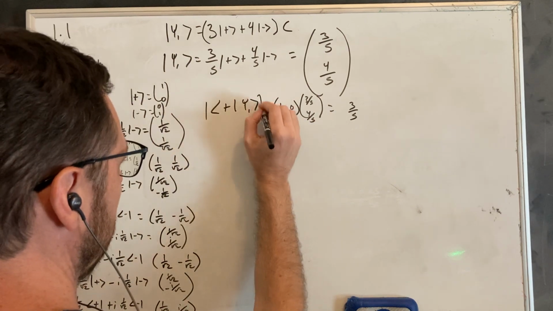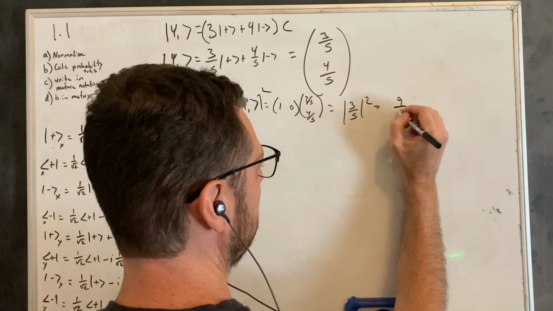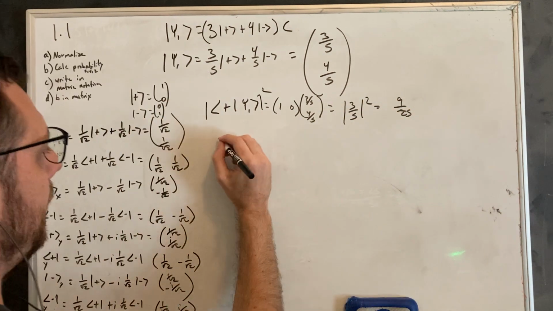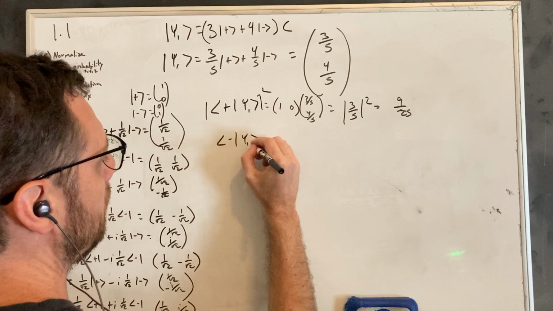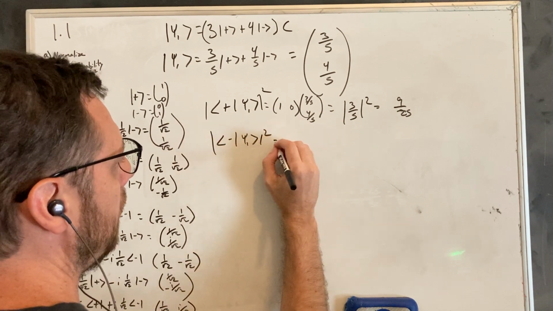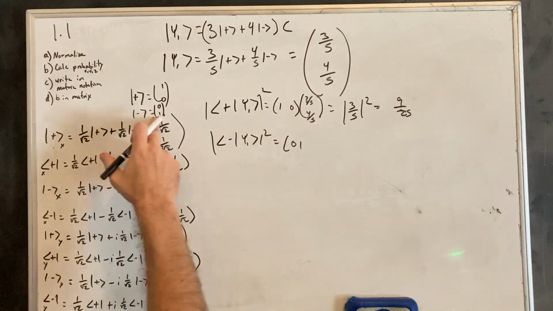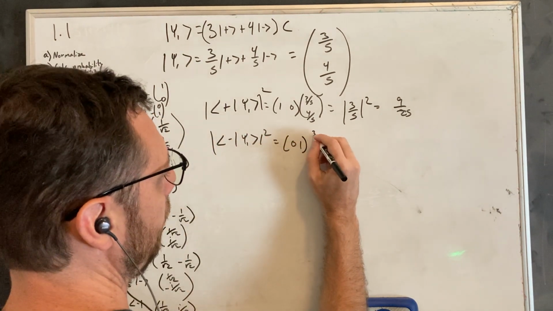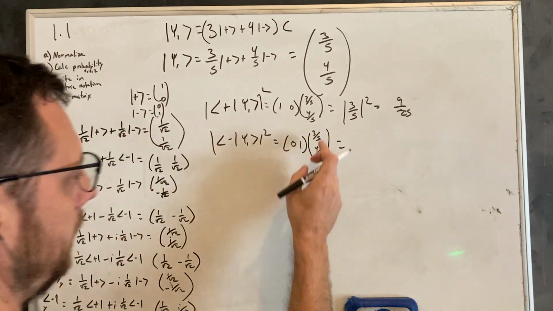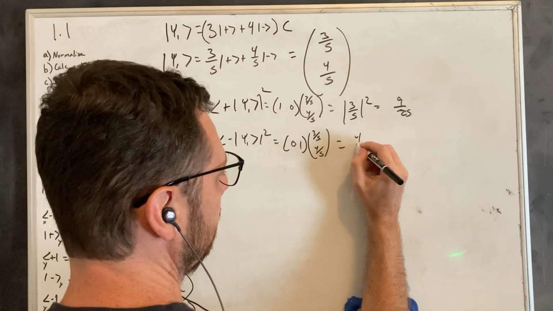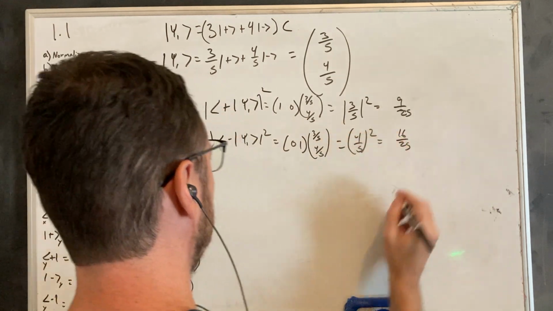And again, we want to square this. That doesn't change. So we'd be squaring this, equals 9 over 25. Same thing if we do it with minus. Square it is equal to, that's going to be 0, 1. It's going to be this vector right here. And then 3/5, 4/5. It can be 0 plus 4/5 is 4/5. Squared is equal to 16 over 25.